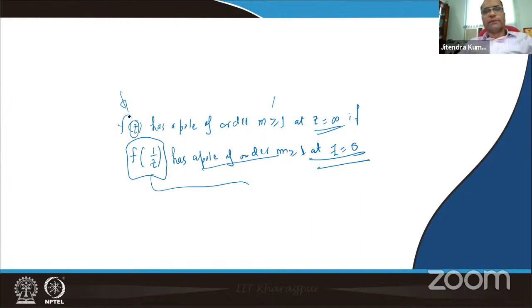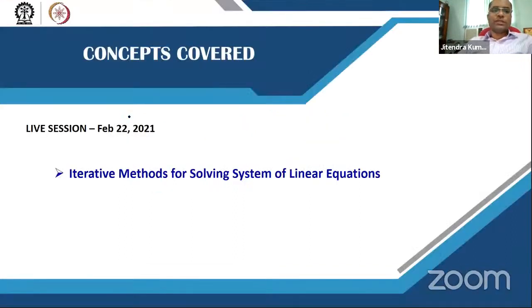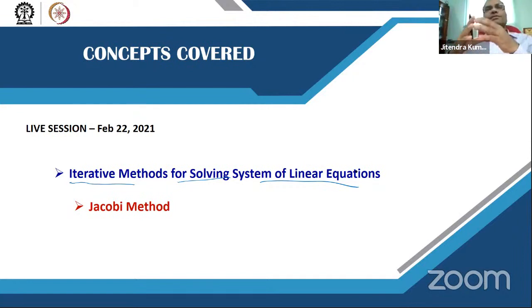Meanwhile, I thought I will brief you once again on a very important topic taught in this module on numerical analysis, that is, the iterative methods for solving systems of linear equations. This is a very important topic because most real-life problems, when we solve using PDEs or ODEs, end up with a large system of equations which we need to solve numerically.